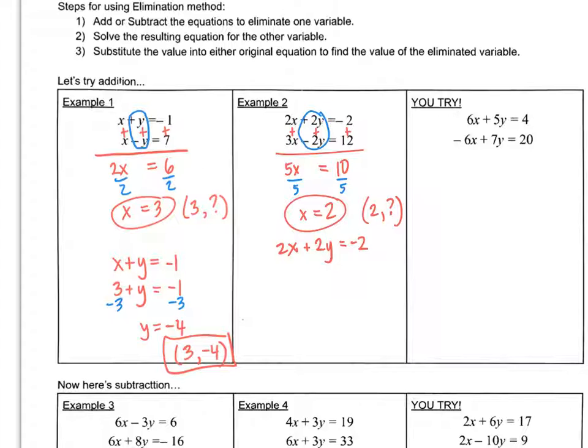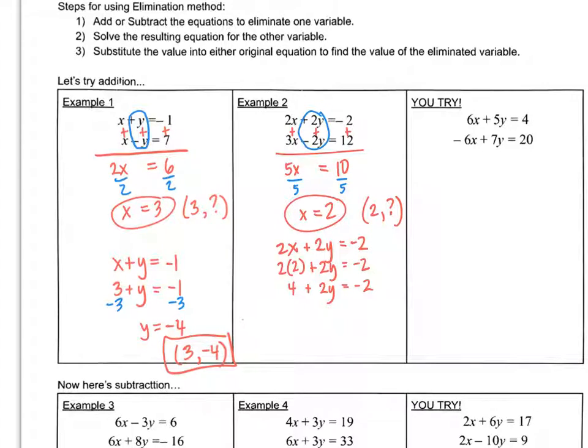And I know x equals 2. Got lots of 2's here. So I'm going to replace x with 2, and I get this. 2 times 2 is 4, and you get that. Just copied everything else.